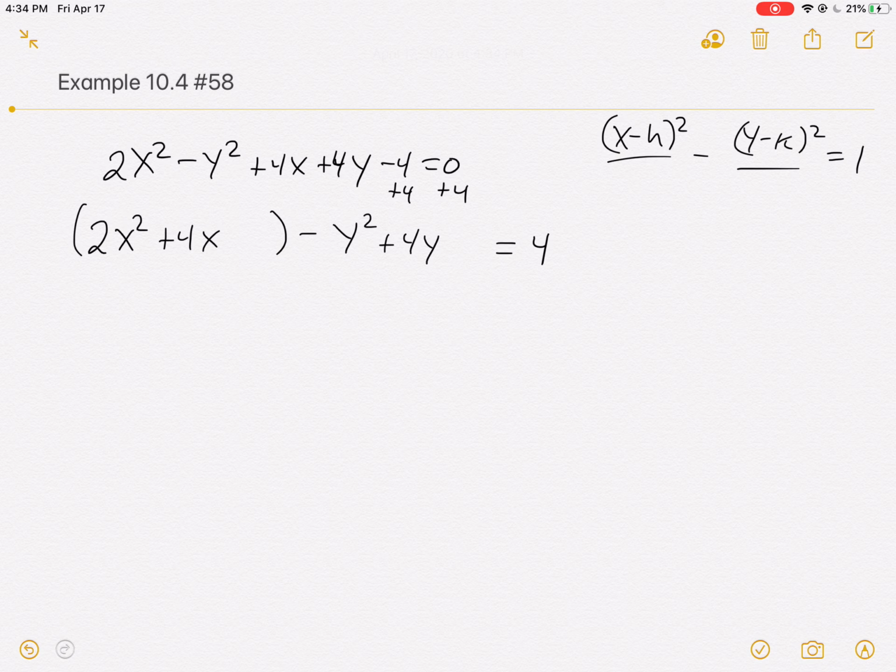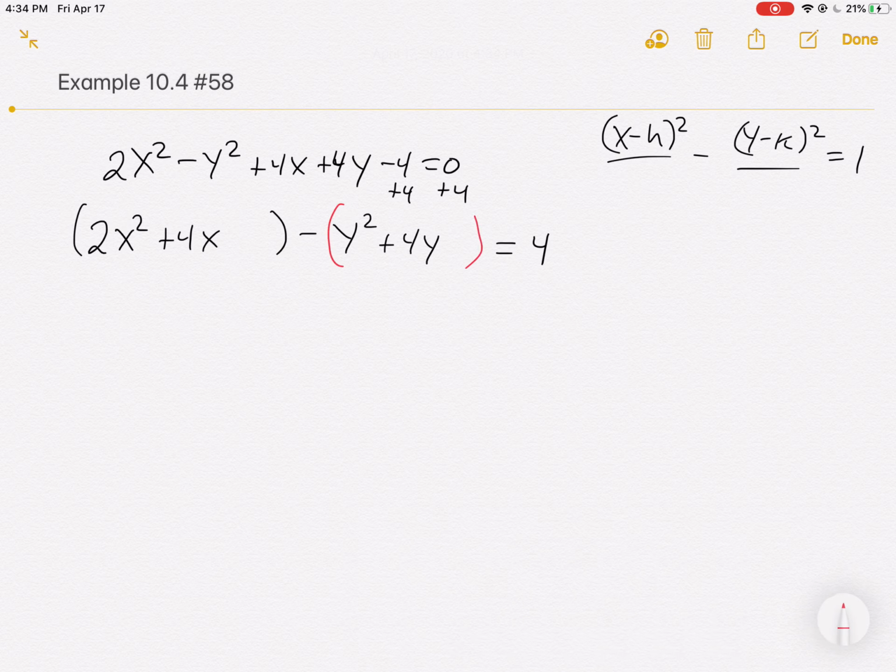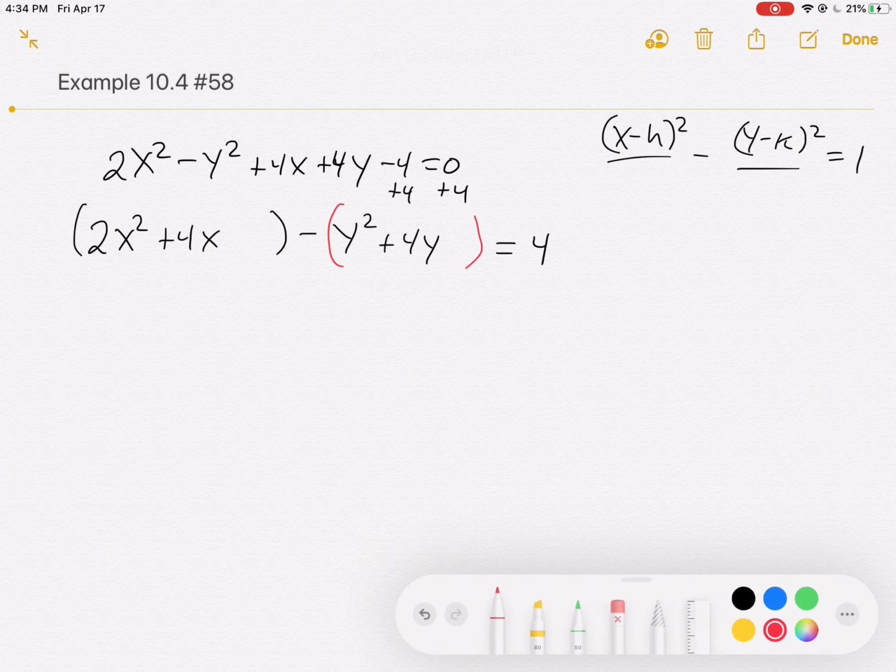I've got to be really careful here because of the negative sign. So I can't just do this. I'm going to do it in red because it's so bad. If you do this, you will be wrong, because if you distribute that negative, you get a negative 4y, which isn't there in the beginning. So be very careful how you put your parentheses.